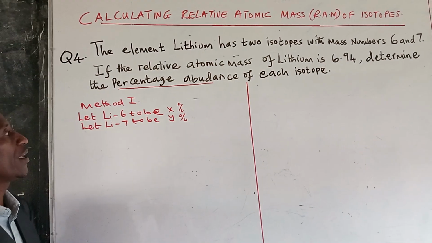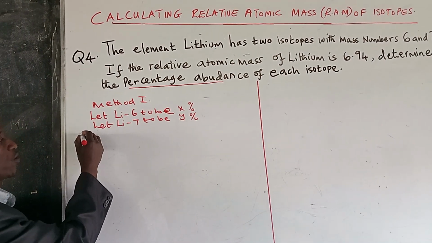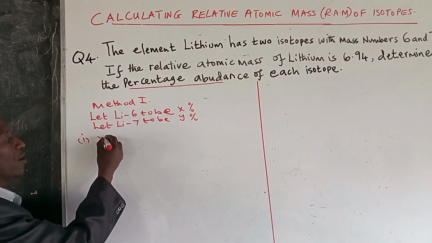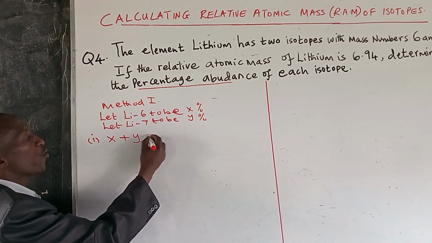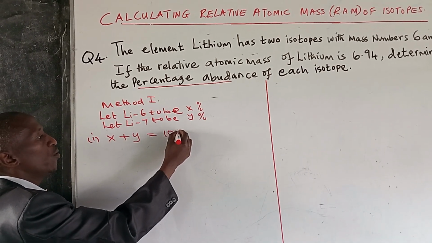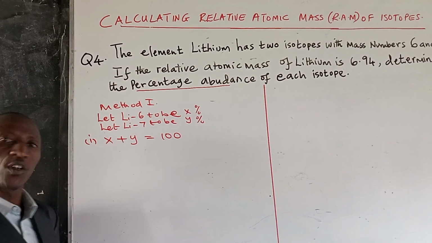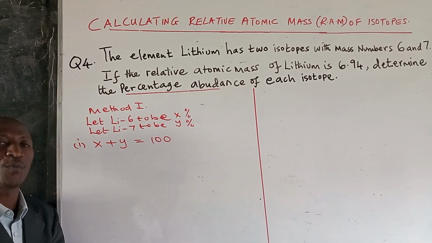So in a similar way, we develop the first equation, very simple, that x plus y has to add up to 100.